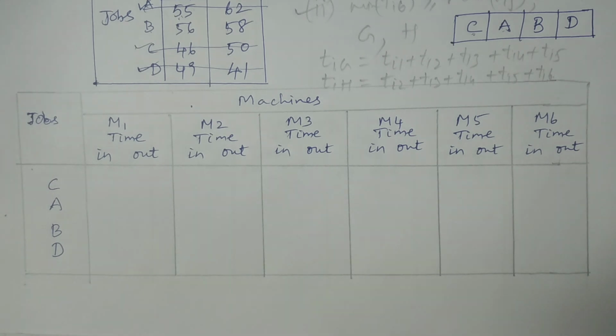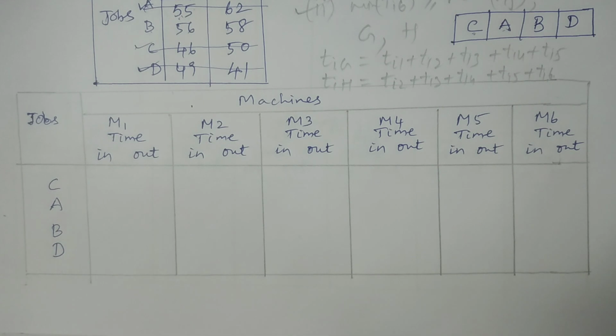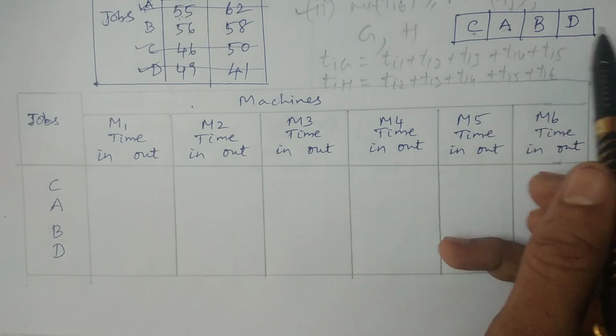Because of the optimum sequence we have calculated for the 2 machine problem, we have converted first of all the given 6 machine problem, the n jobs k machine problem, into an n jobs 2 machine problem, and then we found the optimum sequence.